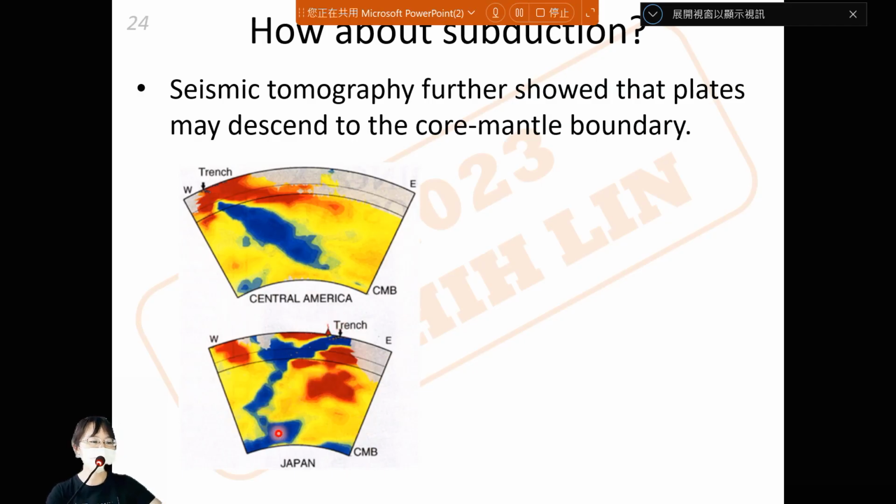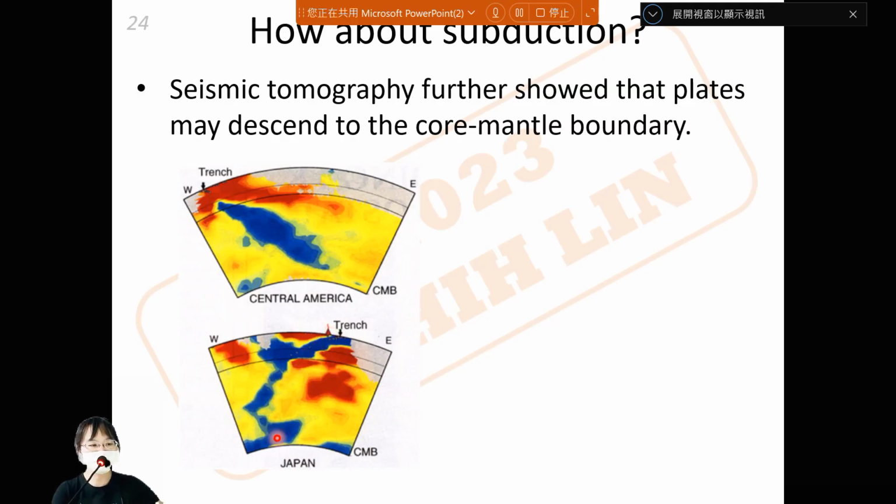And what are the colors here? They are seismic wave velocity. The velocity of a seismic wave is dependent on 2 parameters. The first is the phase of the matter, whether it is solid or liquid. The second is the density of the matter. High density will provide higher velocity, and low density will provide lower velocity.